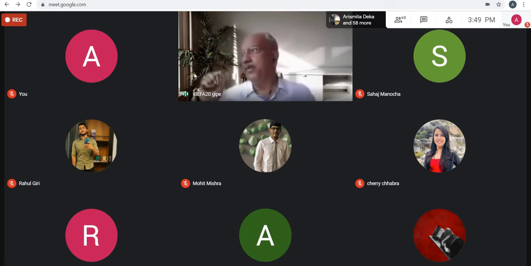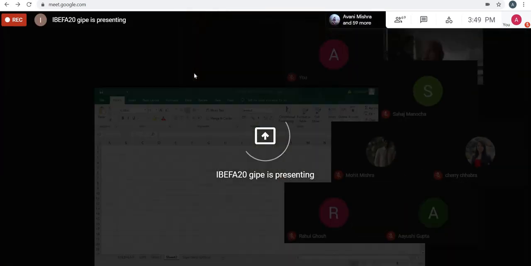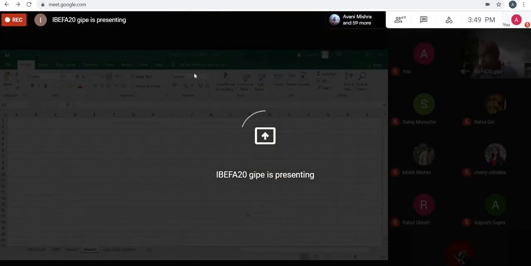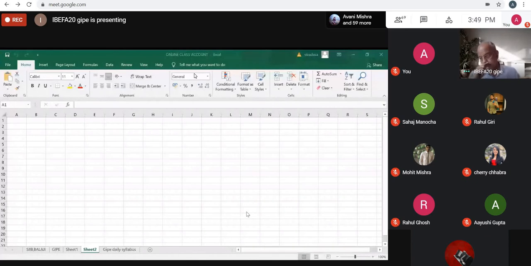The next part of the syllabus is completely based on Excel. On an Excel sheet, every entry is represented by column and row.